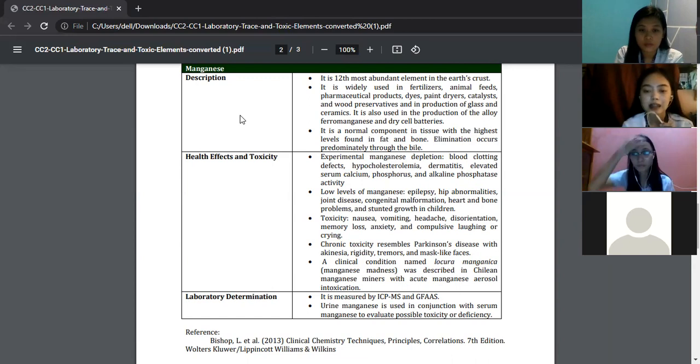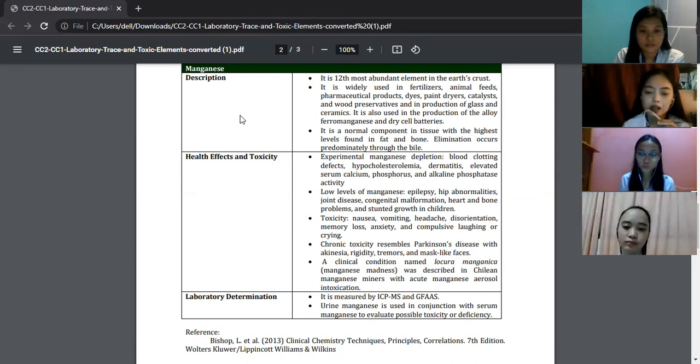Chronic toxicity resembles Parkinson's disease with akinesia, rigidity, tremors, which is what was mentioned earlier, the involuntary movement of, for example, the hand, and mask-like phases, and a clinical condition named leukorrhea manganica.